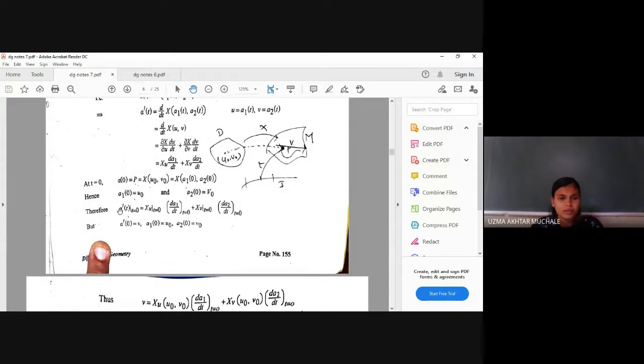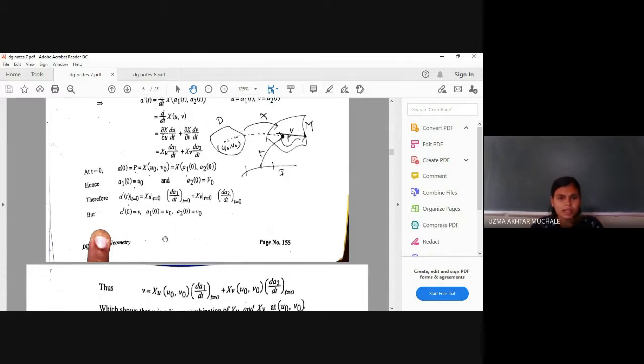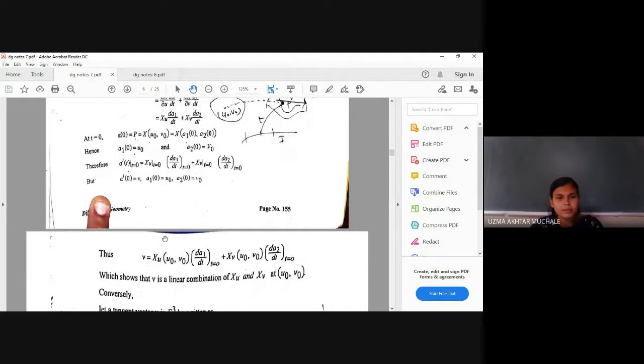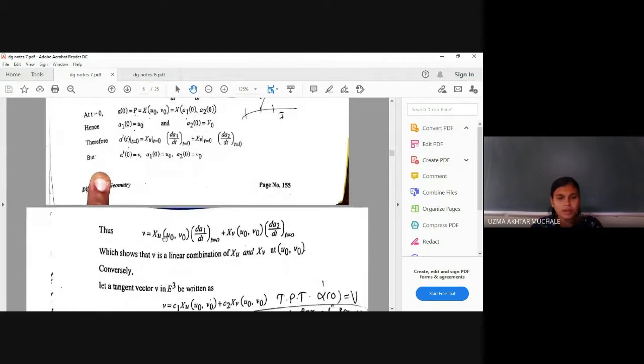So now what we have to do, alpha dash of t. Whatever equation we have found here, in this equation we have to put t equal to 0. After putting t equal to 0, as A1, A2 are differentiable functions, what will be the value of those functions evaluated at t equal to 0?